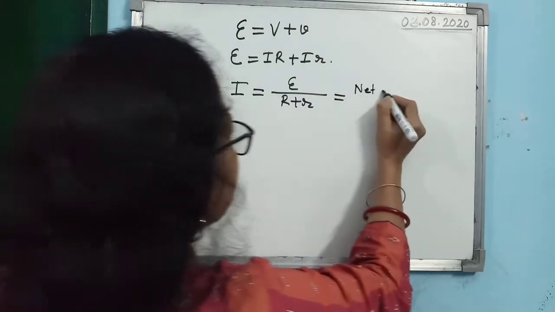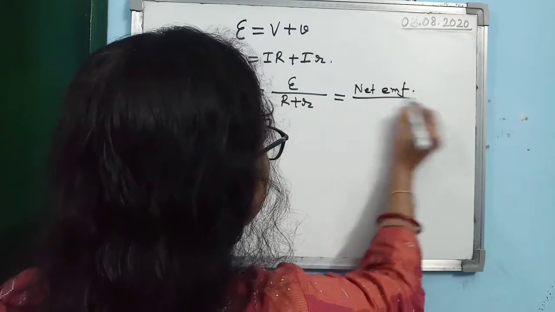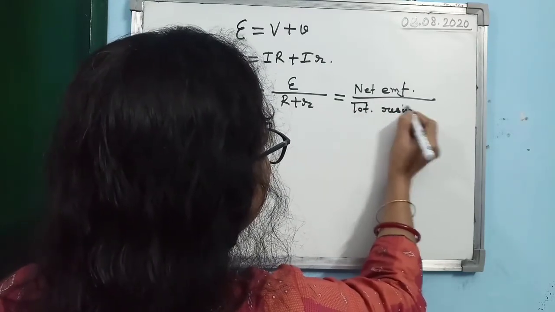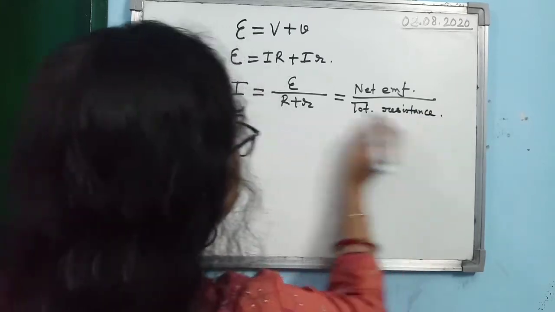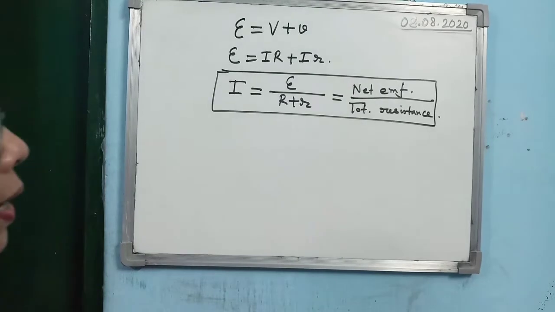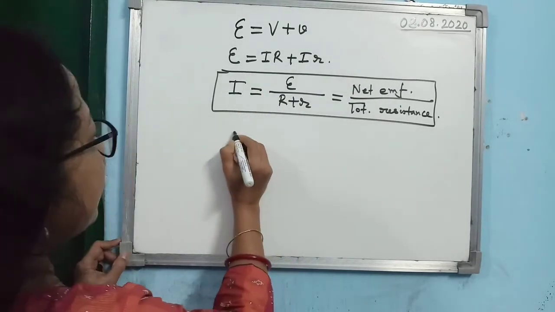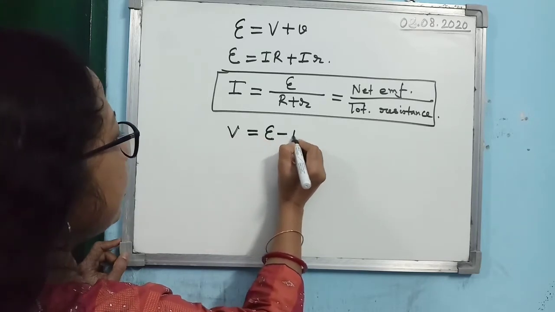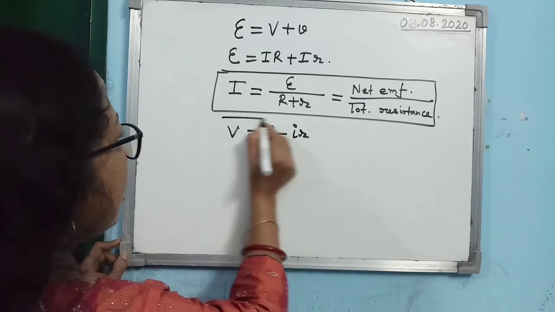So this is one relation you are supposed to remember to solve the numericals. That total current in the circuit is equal to net EMF divided by total resistance of the circuit. Then another one is terminal PD is given by EMF minus I into R.